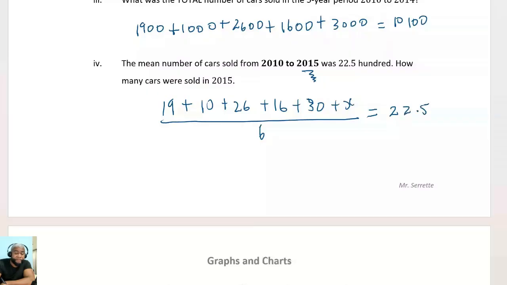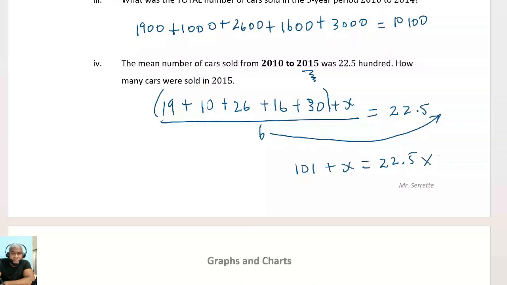So the mean is 22.5. What you do here is carry the 6 to the side and do the opposite of divide, which is to multiply. Okay? So I want somebody to add up all these numbers for me. What did we get? It'll be 101, right? 101 plus x is equal to 22.5 multiplied by 6.